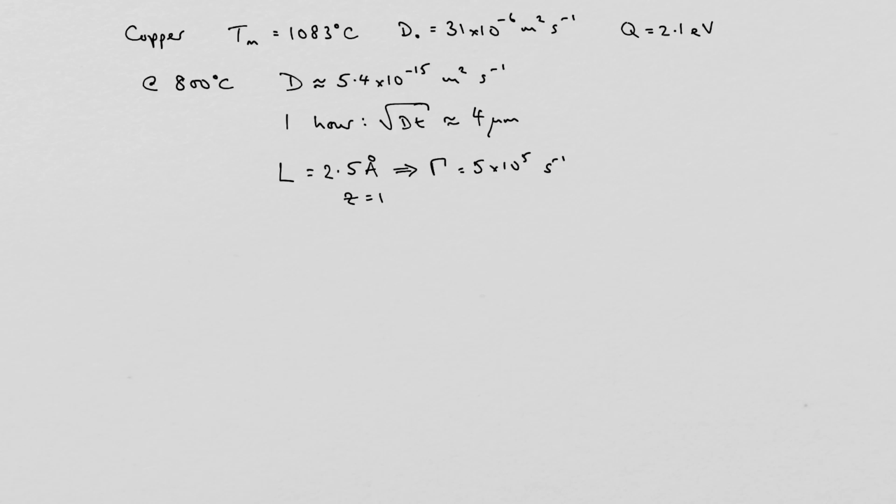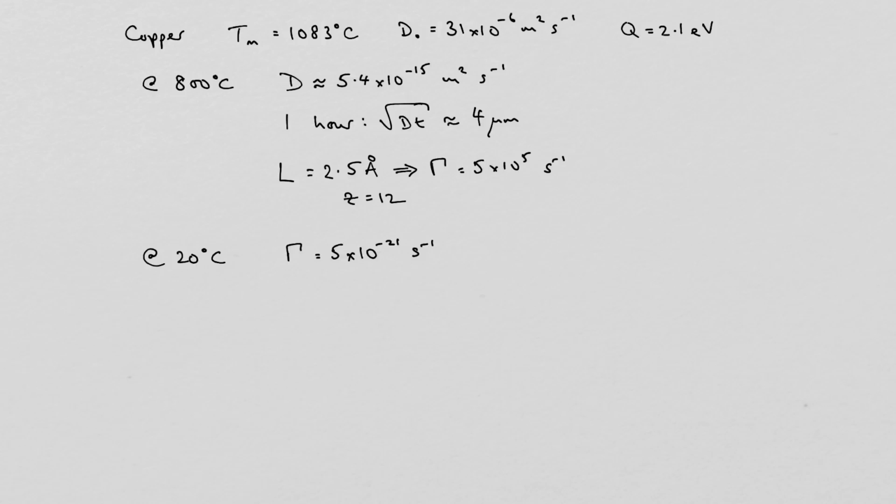And of course, it's a close packed metal, so Z is 12. At 20 degrees C, gamma then has dropped to that. Okay, are you happy about how I'm going here?